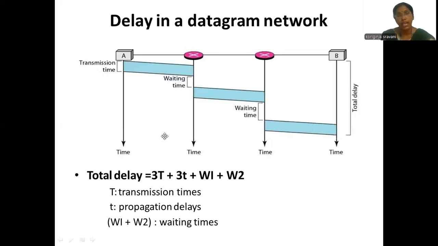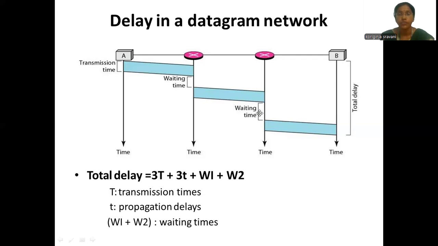So coming to the next slide, here is the delay in a datagram network. Here we can observe there is no setup phase, no connection phase and no tear down phase. The only waiting time is transmission time and waiting time until a switch has been freed from the other work.